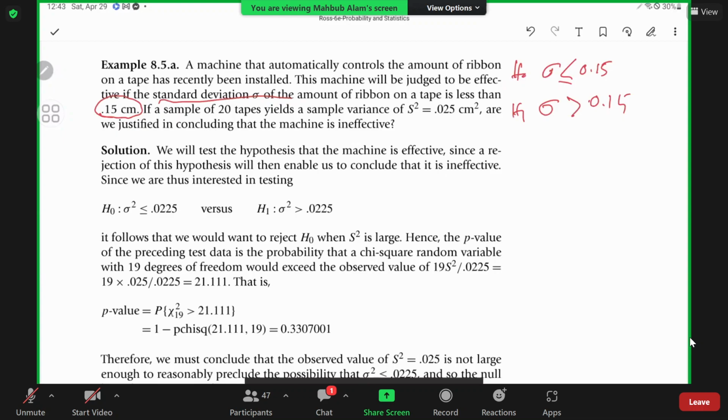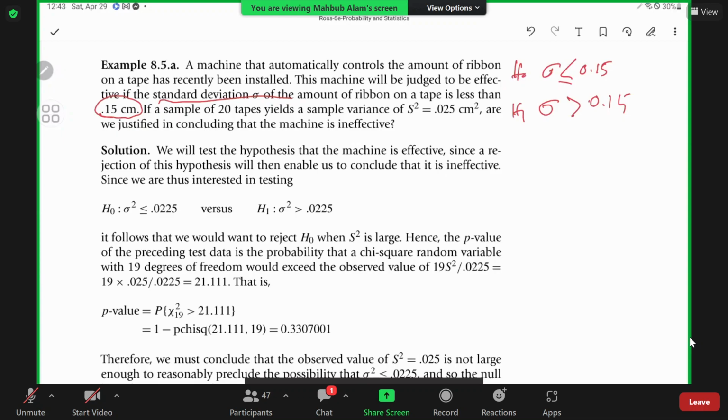For 19, the closest values are 18 and 27. 18 is related to 0.5, 27 is related to 0.1. Our value is 21, so whether it will be closer to 0.1 or 0.5.